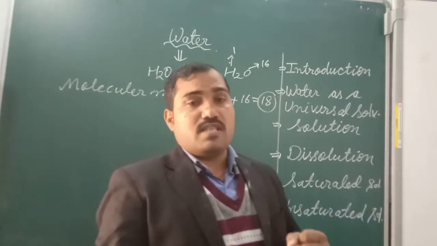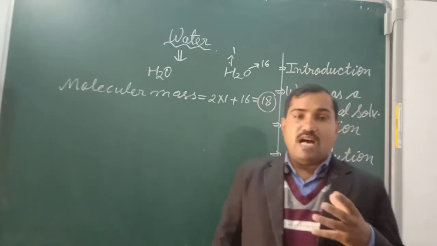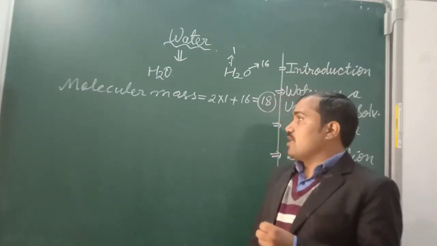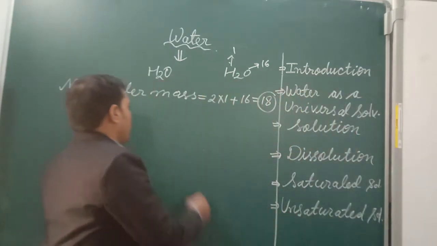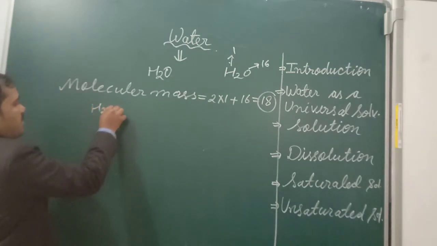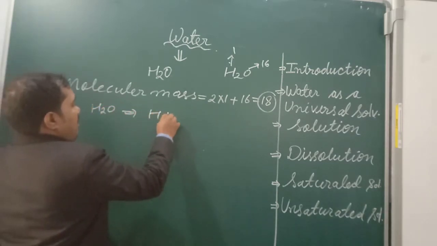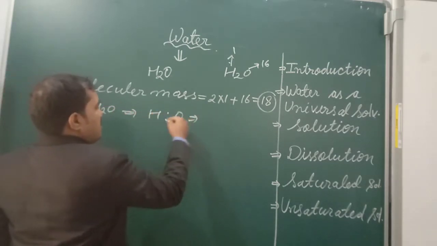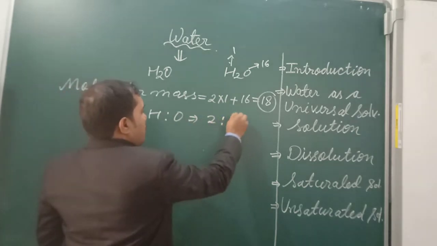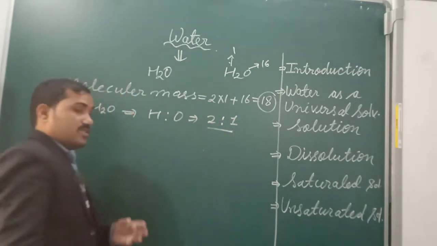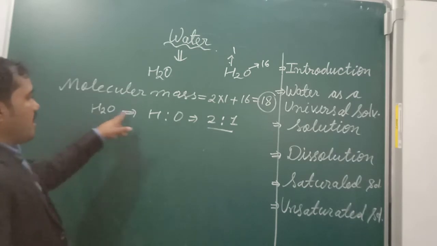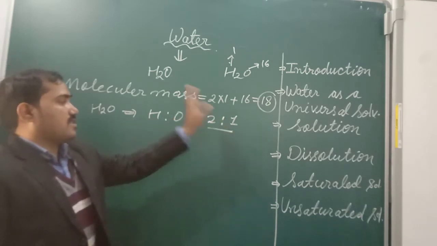And what is the composition of oxygen and hydrogen present in water, you can tell here. In case of water molecules, the hydrogen and oxygen ratio is 2:1. It is on the basis of their atoms, means 2 atoms of hydrogen and 1 atom of oxygen present.